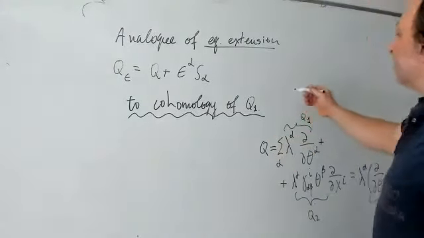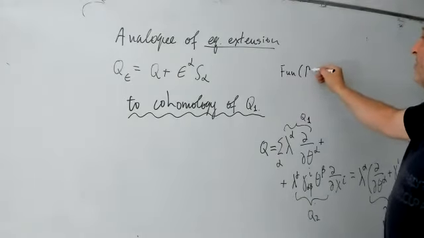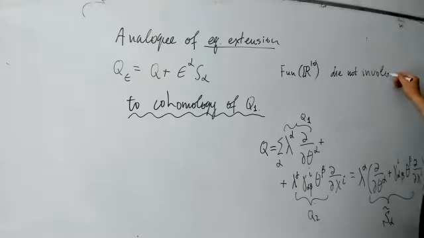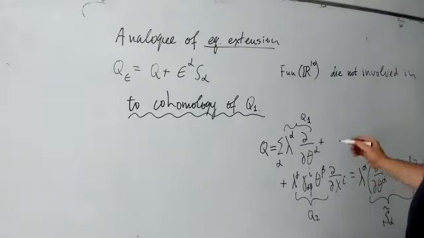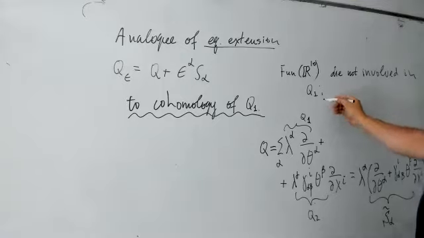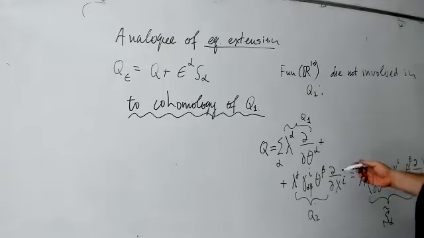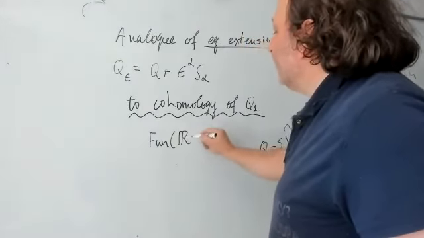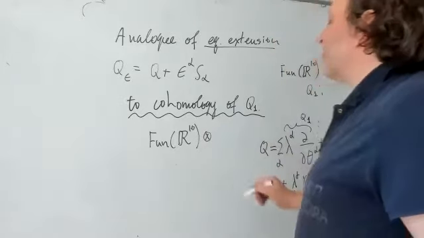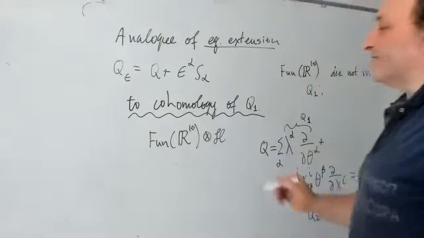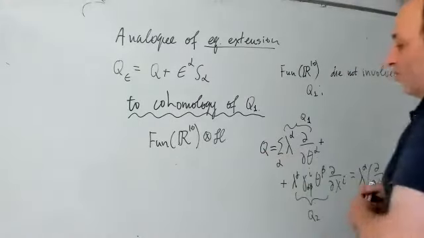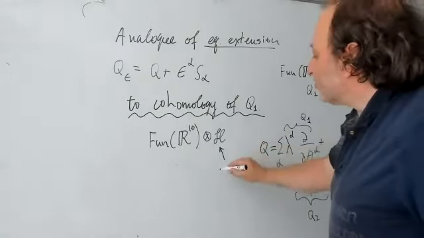Since functions on R10 are not involved in Q1, cohomology would be functions on R10 times some vector space that I'll call H. In quantum field theory, H is what is called polarizations.